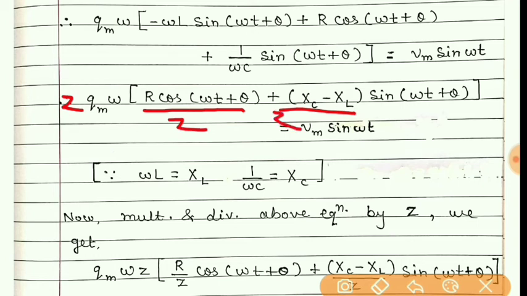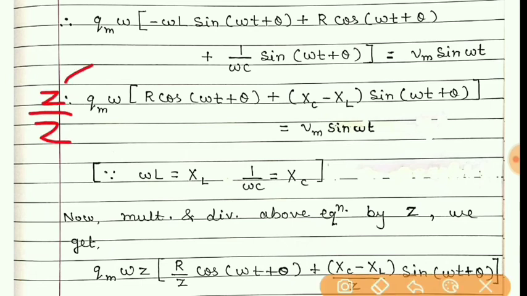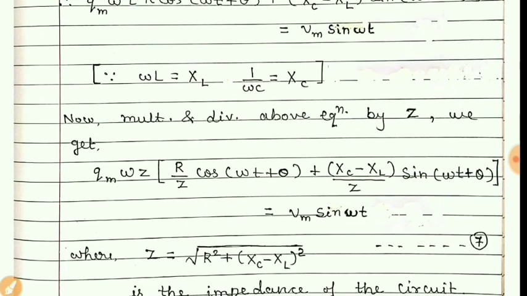Or in other way I can say that if I multiply and divide by Z, this Z is kept as it is here, and this Z is taken inside the bracket. So that Z will be here also, below R as well as below XC minus XL. So you can see here Z multiplied is here and divided is here in both the terms.